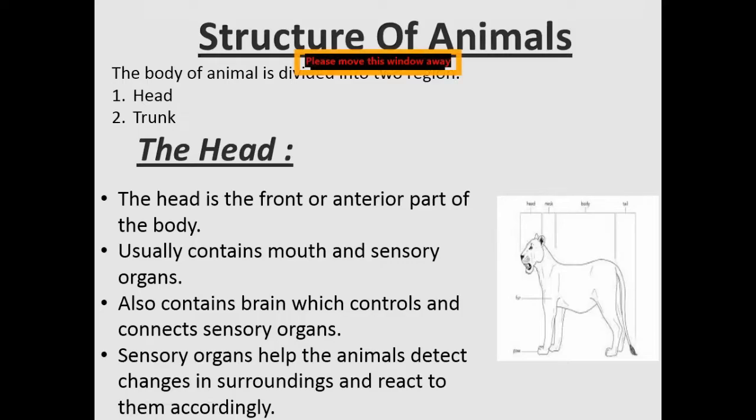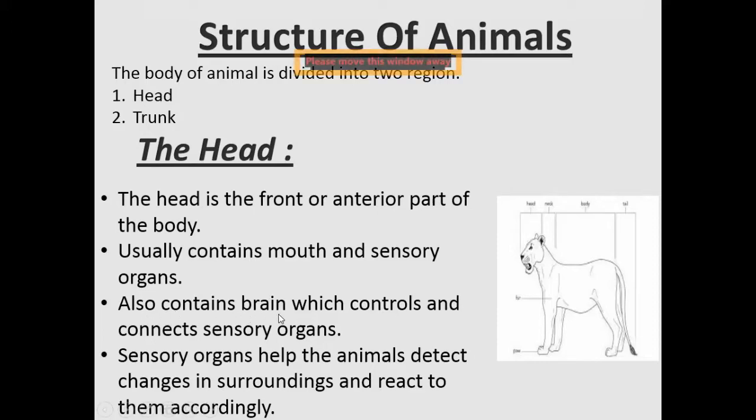What are they? The sense organs are eye, ear, nose, tongue, and skin. With the help of sensory organs, we can identify different types of smells and tastes. We can distinguish between different things. So the head contains the mouth and sensory organs.